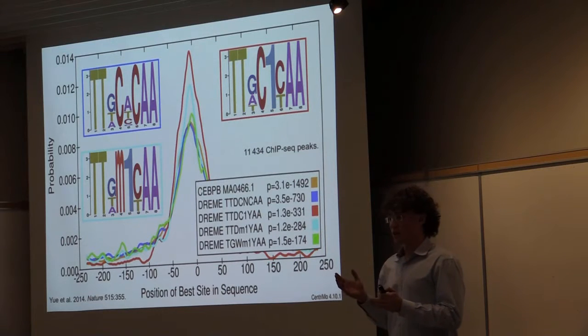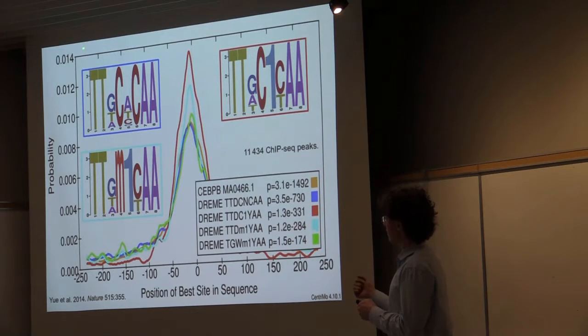So when we apply this, we can look at a de novo analysis, and then take the de novo motif result and put it through the Centrimo analysis. And what we get is something that looks like this. So for this example, it's the CEBP beta transcription factor. And you can see here that in orange, this is the main JASPAR motif. And the blue one is a de novo unmodified motif. That was the top hit.